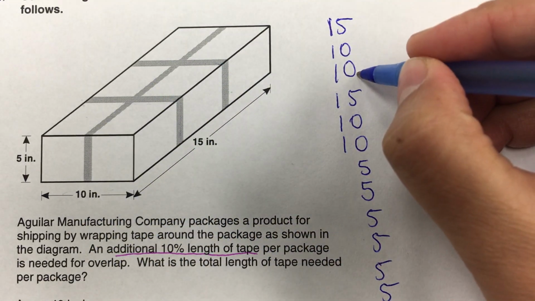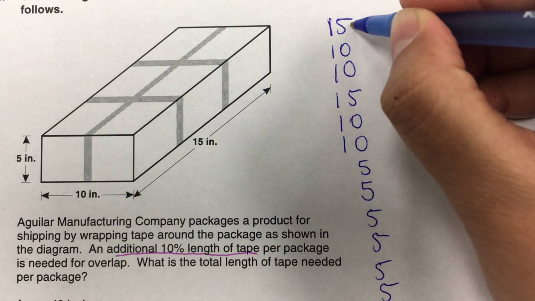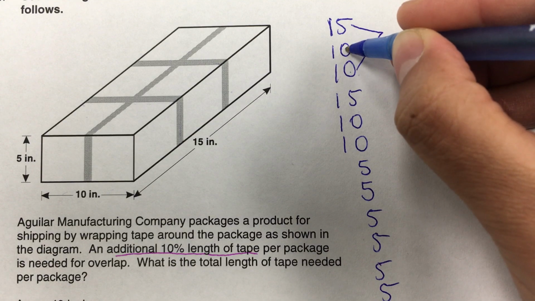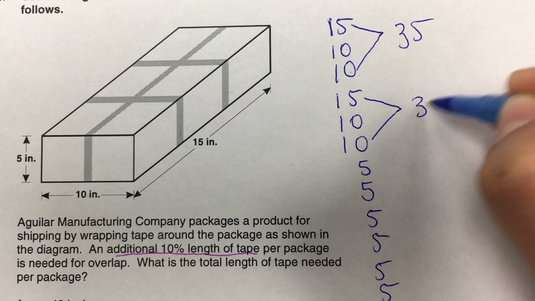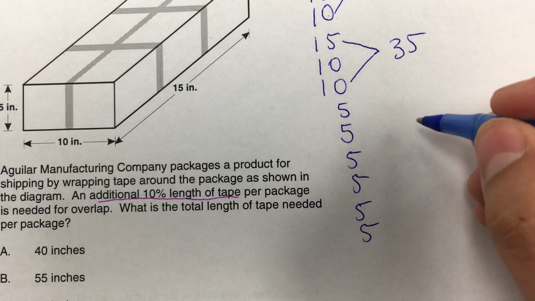Okay. So let's see in here. How do we organize it? In here we have 10, 20, 35, and 35. And you can add as you wish. You can do one by one or just grouping.